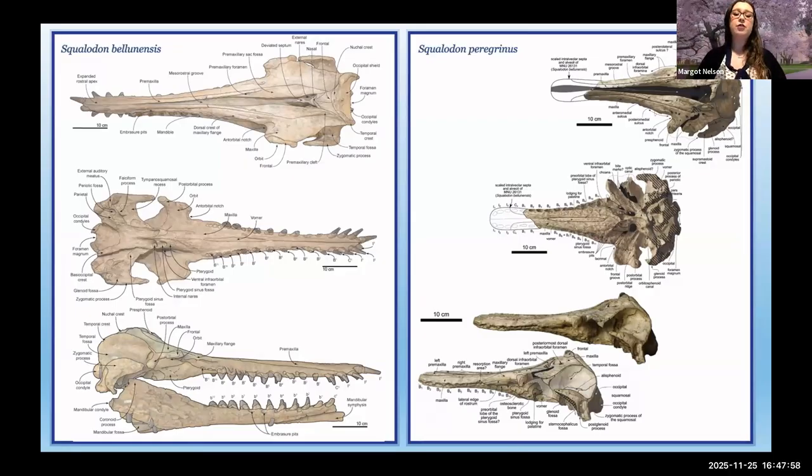We're currently trying to figure out how to test these differences, but clearly it's doing something different from other members of Squalodon. That's an area of further research, and something we were able to discover just by reviewing these specimens, because it wasn't clear from the historical publications.